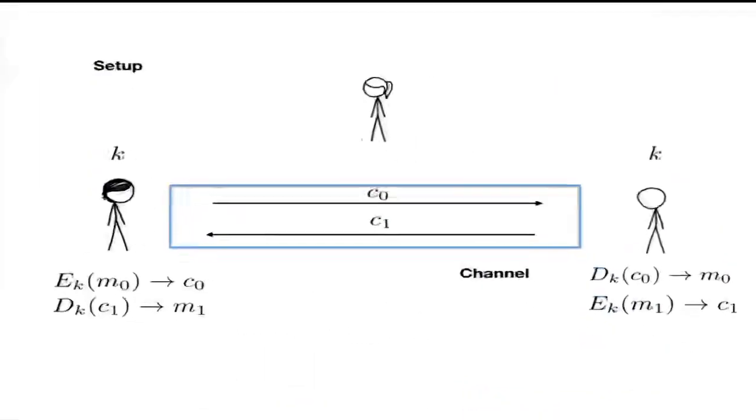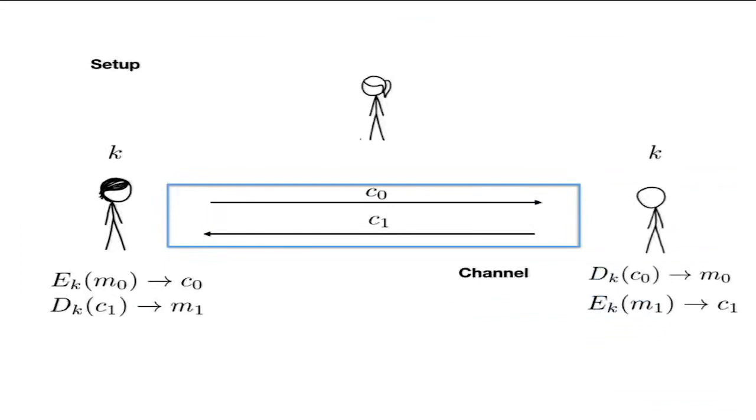So let's go over a bit more formal notation. We have the channel, we have our encryption function E, which will use key K shared between Alice and Bob. They will take the plain text message, as in the normal readable message, and under this transformation, Alice will create C0. Then on the other side, Bob, which also has knowledge of key K, can take this ciphertext being exchanged over the channel and decrypt it using his key K, getting back the original message.